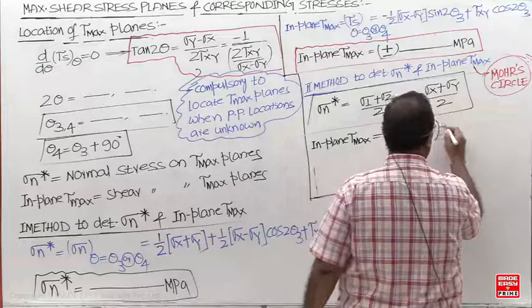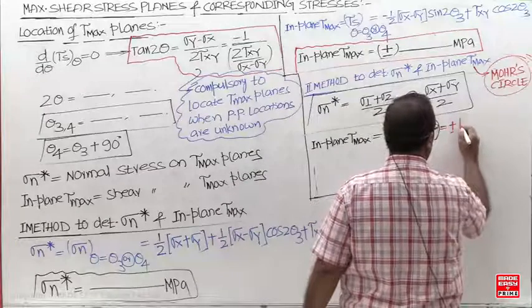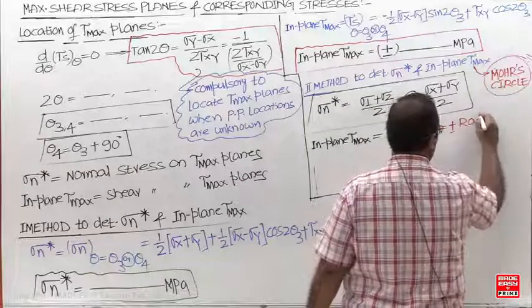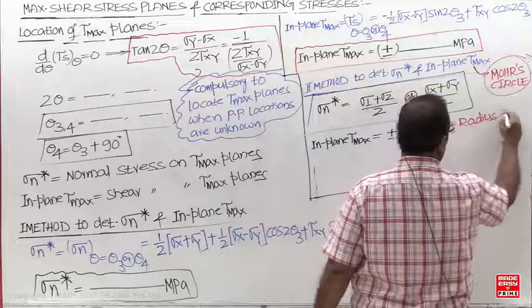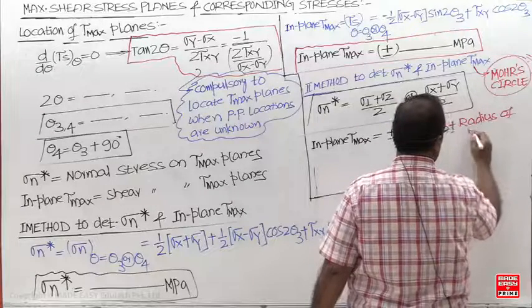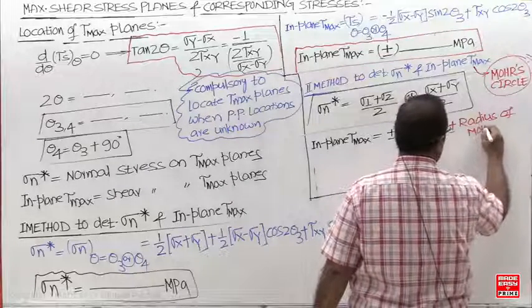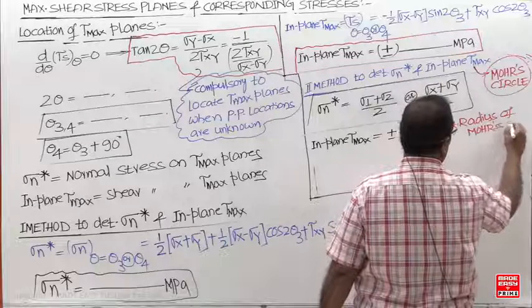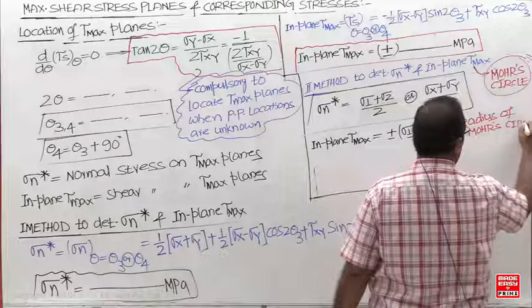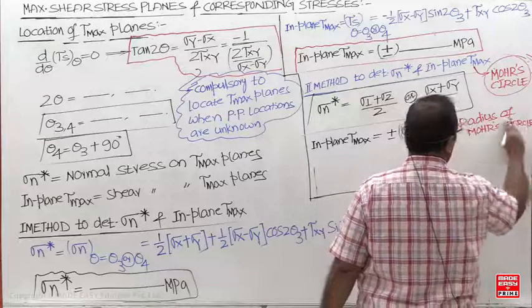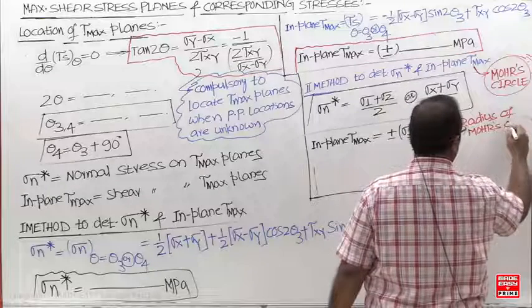So it will be equal to the radius of the Mohr circle.